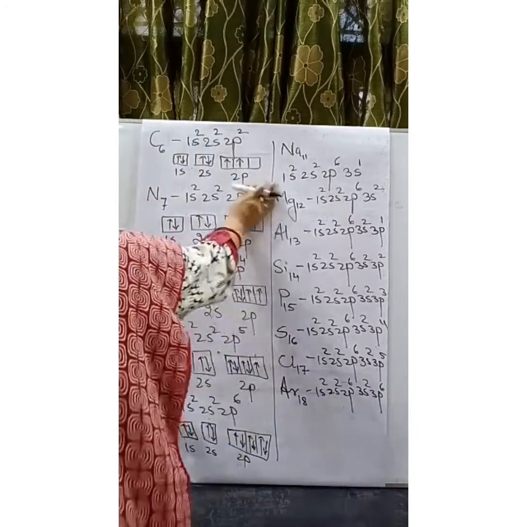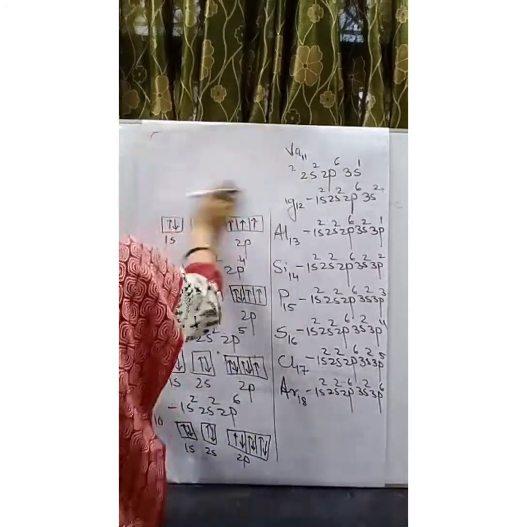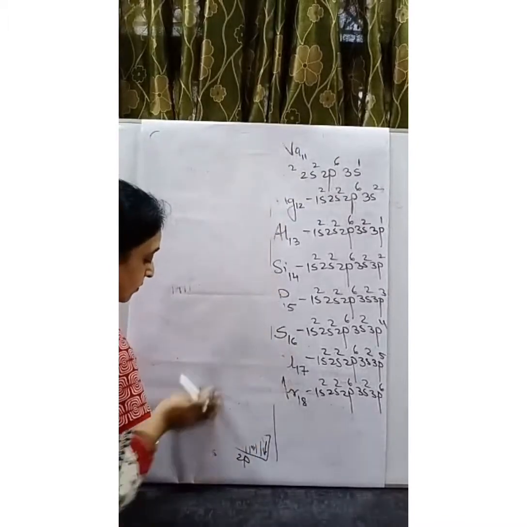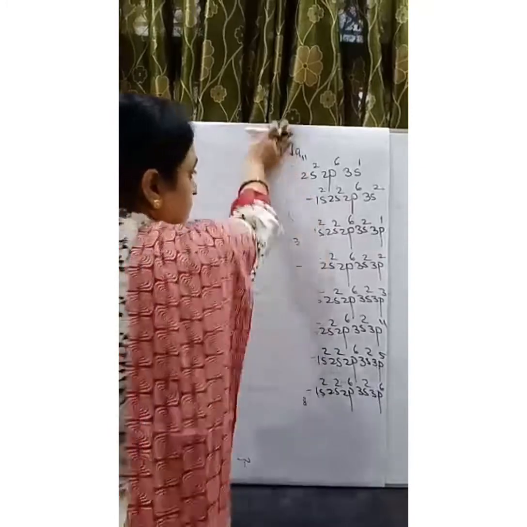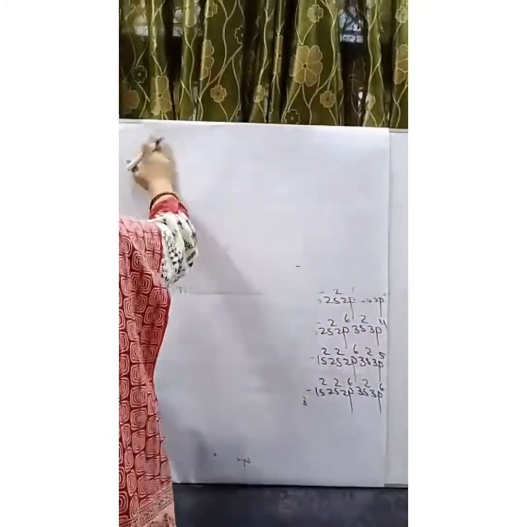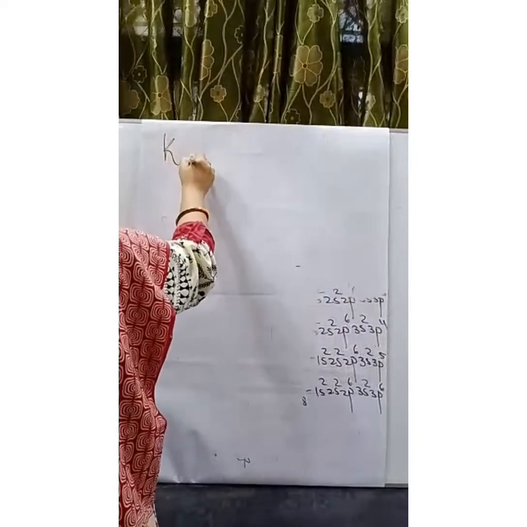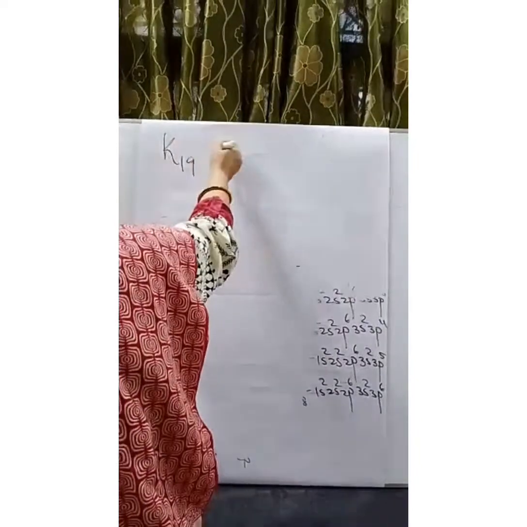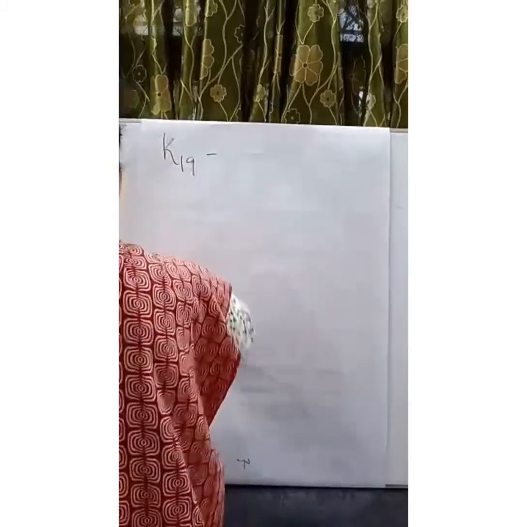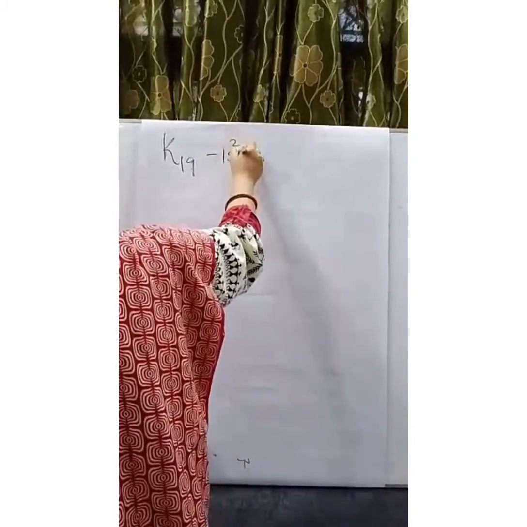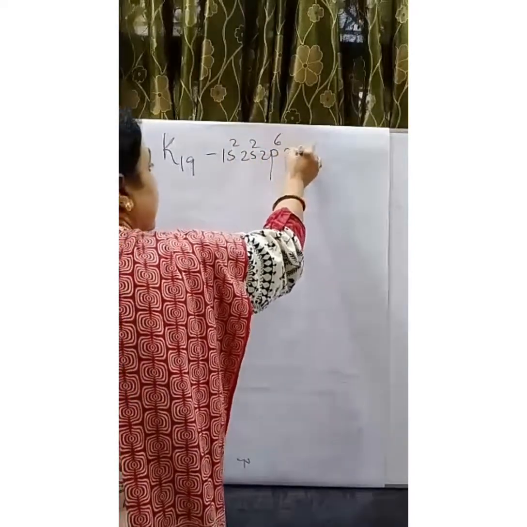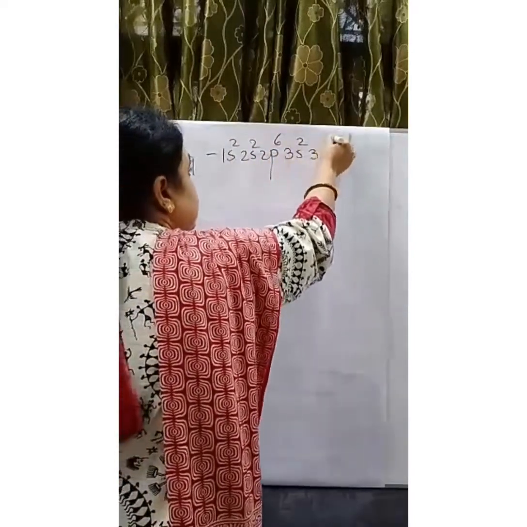Now comes potassium, atomic number 19. 19 electrons I have to arrange. 1s2, 2s2, 2p6, 3s2, 3p6.